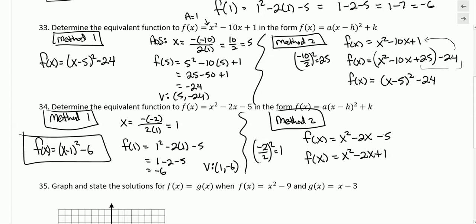But what I had is a negative 5. So 1 minus 6 is negative 5. Factor the first part. And we have it in the form we want.